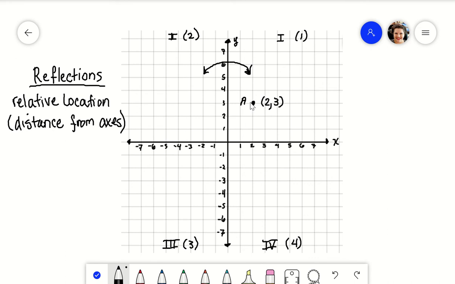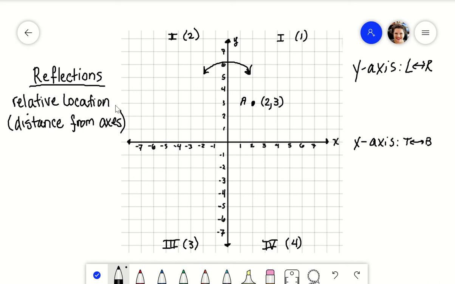So your y-axis controls left versus right, whereas your x-axis controls top to bottom. Okay, and I'll flip over the x-axis in just a second.